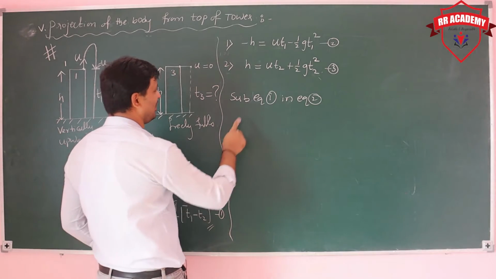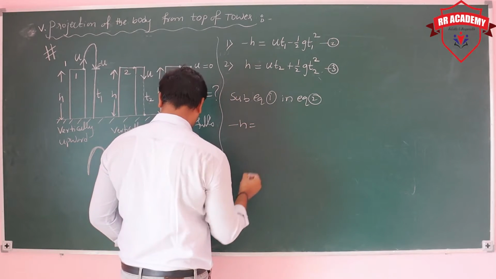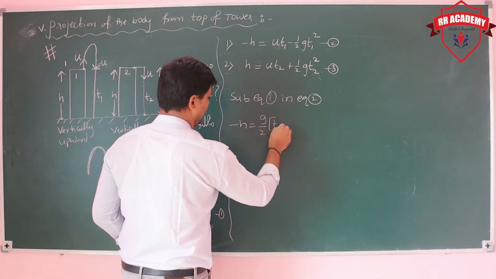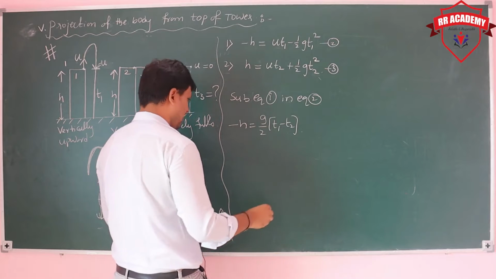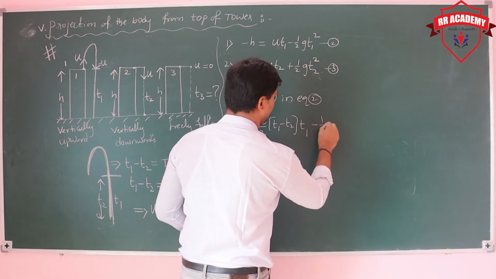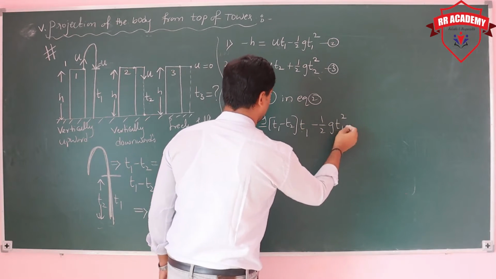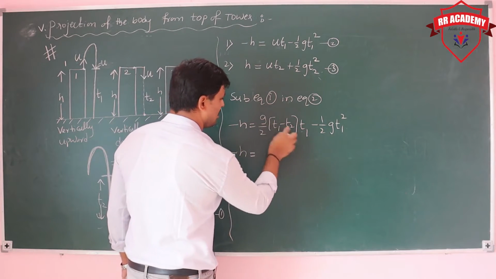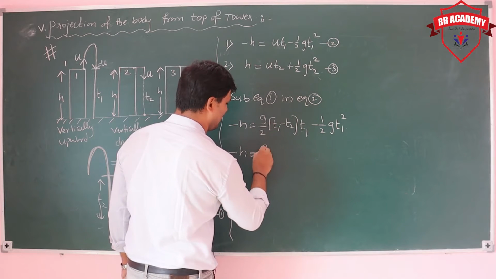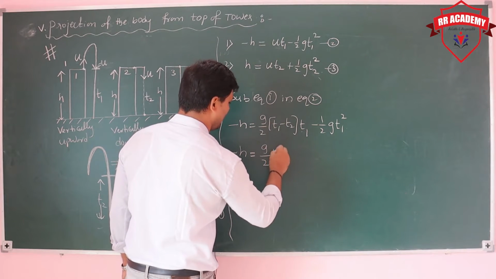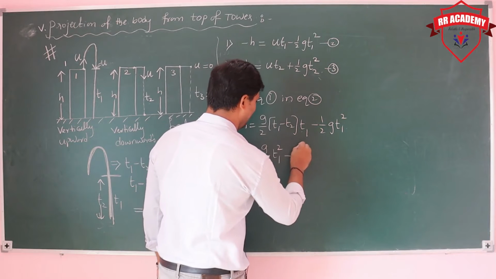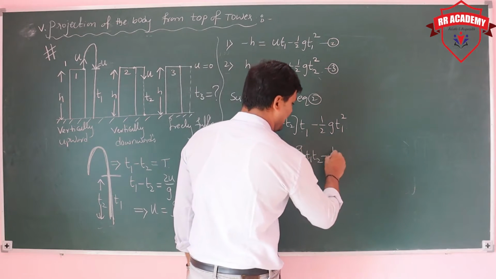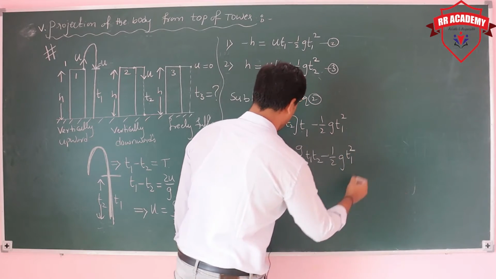So if you are substituting, then minus h is equal to u value g by 2 into t1 minus t2, into t1 minus half g t1 square. Then minus h is equal to, you can multiply this g by 2 as well as this inside, t1 into t1 square minus g by 2 into t1 t2 minus half g t1 square.